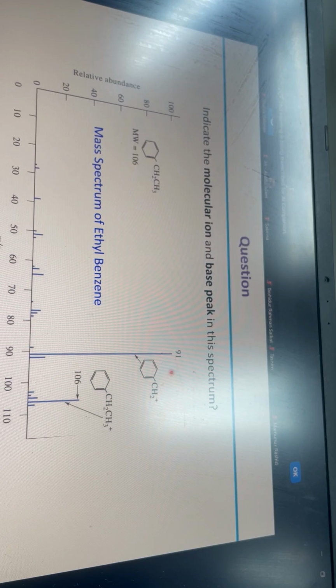Same thing: you take the absolute abundance of this peak and make it 100. Divided by the same, you get 1 and then multiply by 100, so you converted that to 100%. That's the highest abundance, and that way you can calculate the relative abundance of all other peaks present in the mass spectrum.